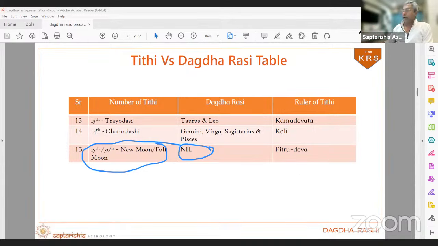That is all good theory, but where it is written, I do not know. Many scholars these days come up with a lot of theories. I don't say that for everything there should be a shloka, but what I found is many people come up with their own theories. Anyway, now everybody has understood Dagdha Rashi.